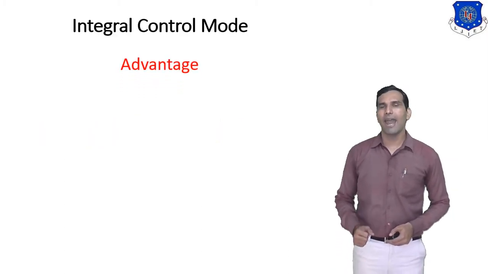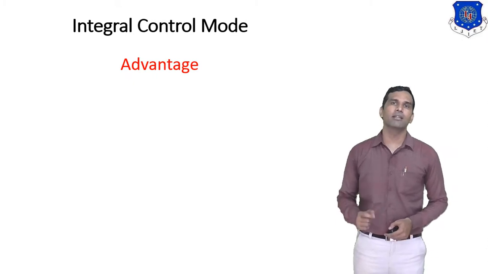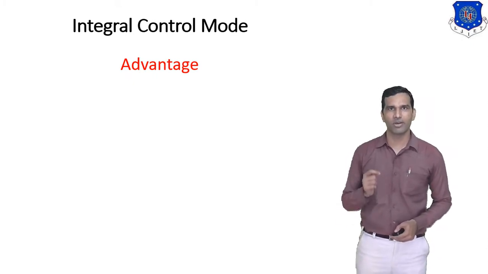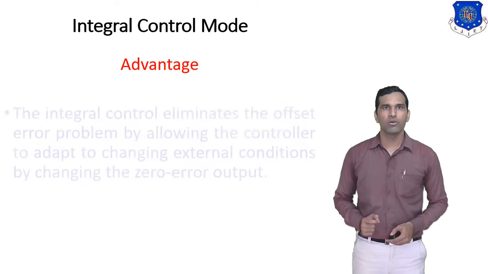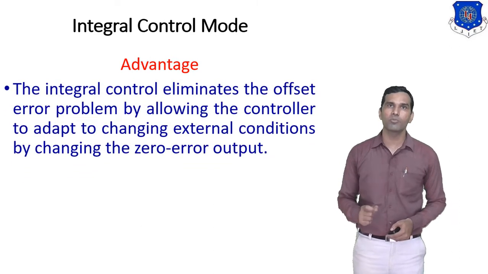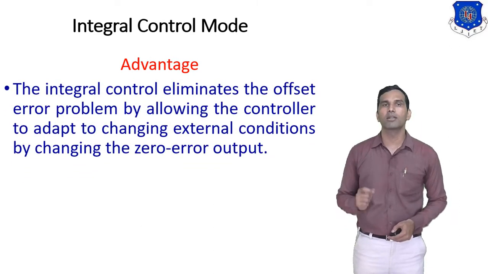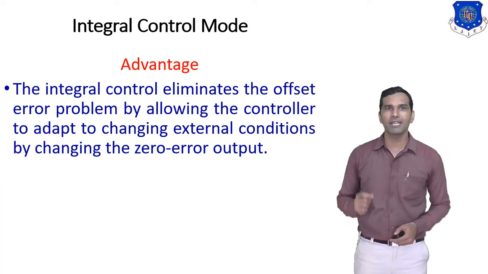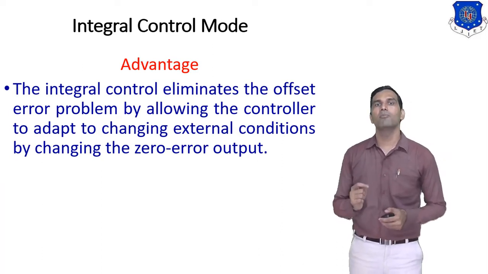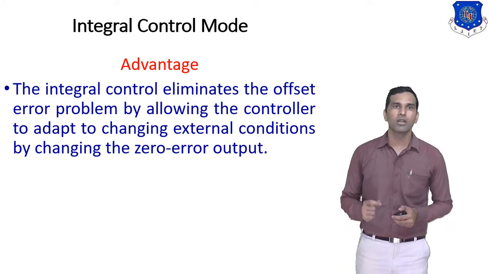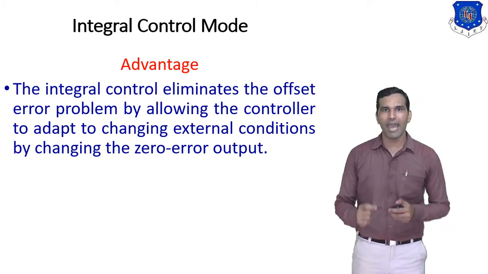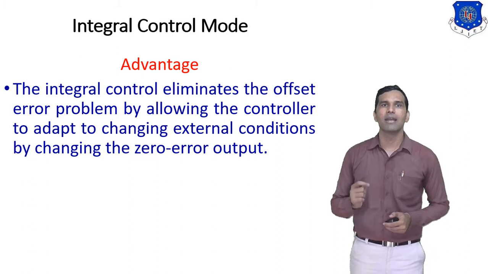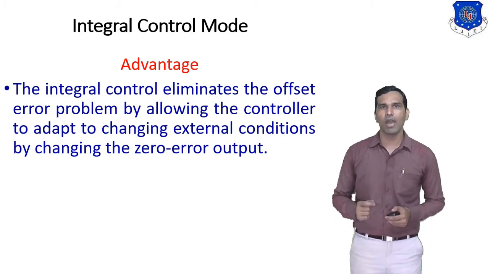So what are the advantages of integral control mode? We discuss first here. The first and most important advantage of integral control is that it eliminates the offset error problem by allowing the controller to adapt to changing external conditions by changing the output at zero error.